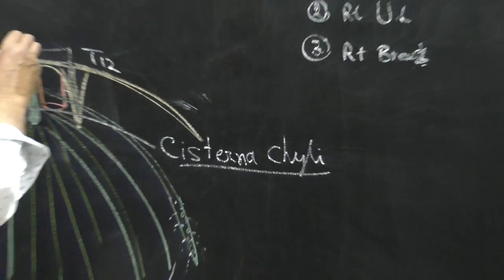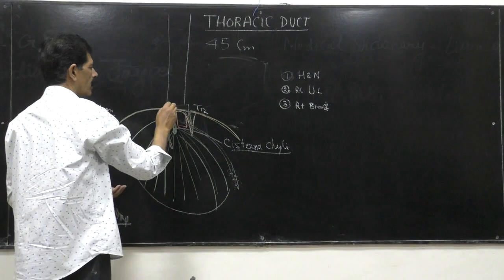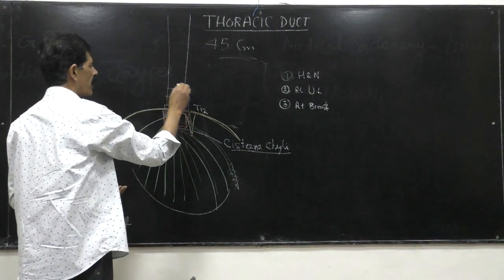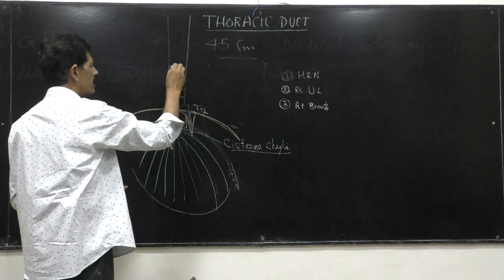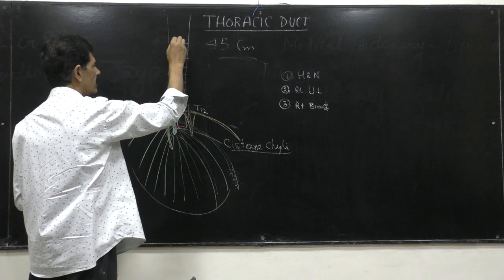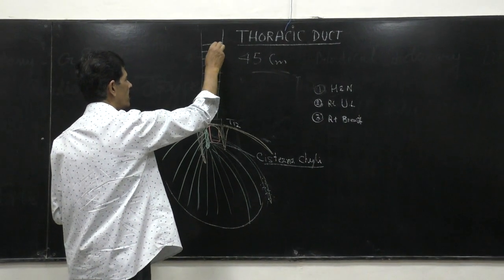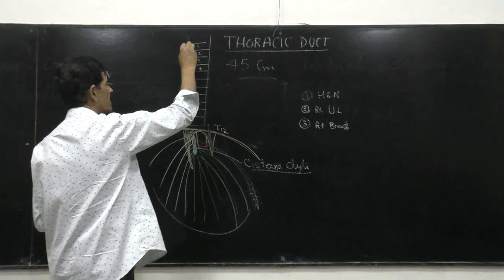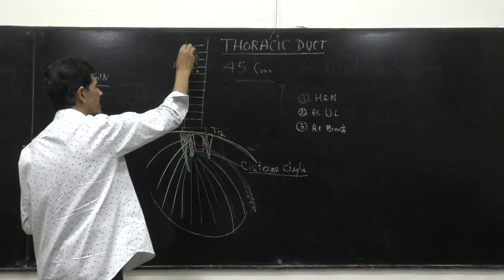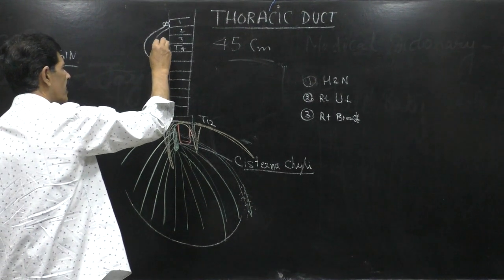Then from the upper end of this, so T11, 10, 9, 8, 7, 6, 5, T4, T3, T2, T1, the first thoracic vertebra, which is attached to the first rib, the inner border, outer border, and the scalene tubercle.